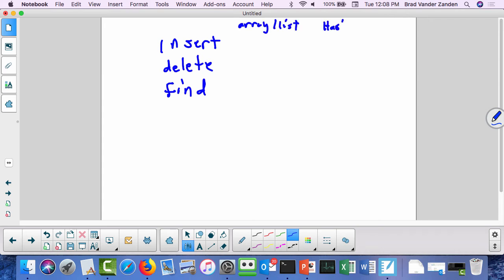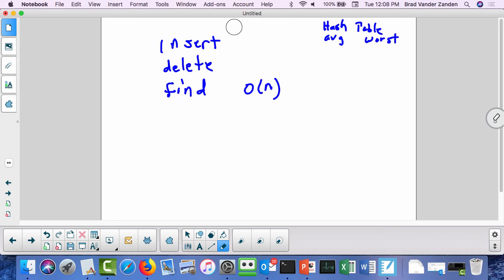Okay, and for a hash table we have average case and worst case. So an array and a list are the worst possible things. A find is order n. Actually, let's do them separately. Let's have an array. Let's have a list.